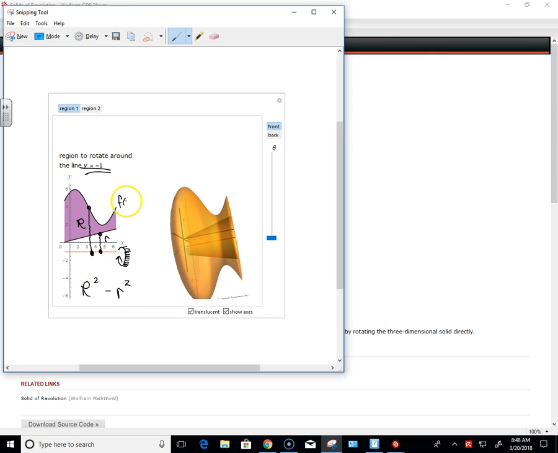So if I was to call this one, for instance, F, and this one G, does it make sense that we would, don't forget your pi, need to go from, I don't know, I'll just call it A to B. That's something hopefully they gave me. Does it make sense that you would have whatever A and whatever B is, F plus 1 squared minus G plus 1 squared? Because it'd be F minus a negative 1 and G minus a negative 1 individually squared, the whole minus the hollow. Kind of makes sense? Okay.